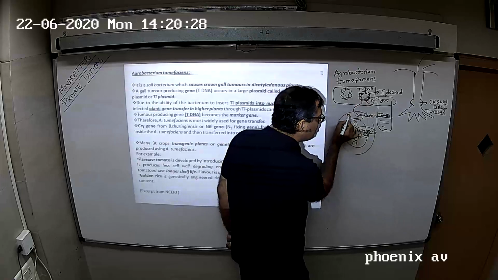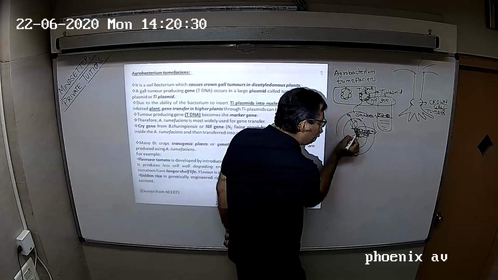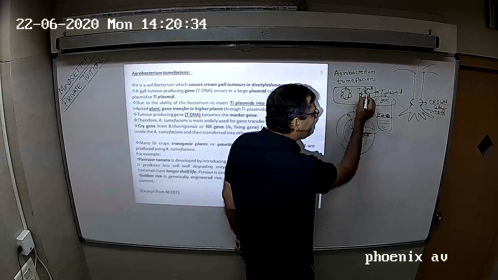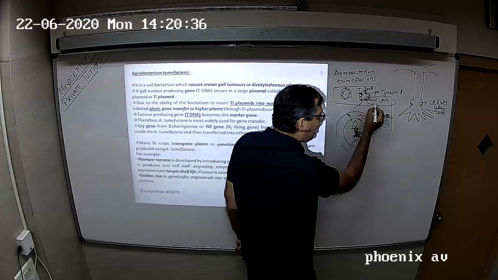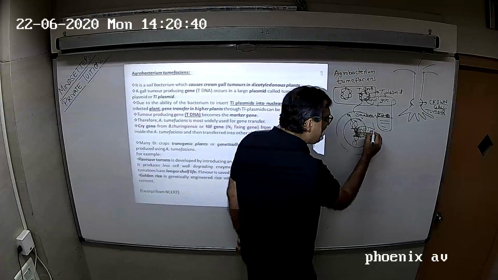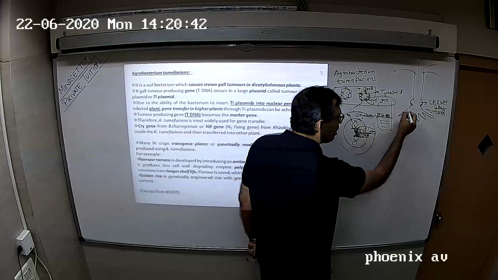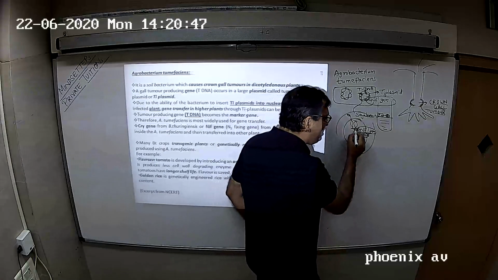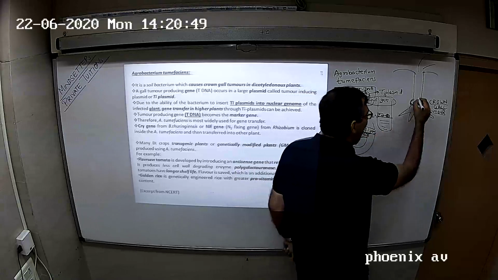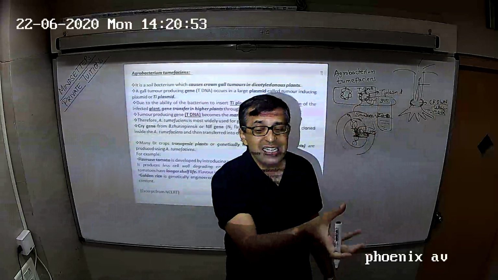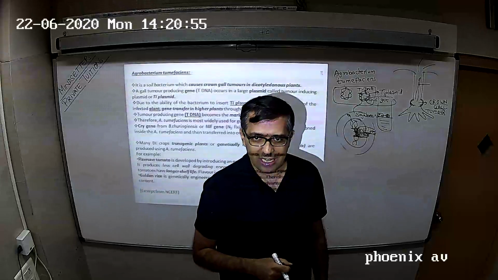It will introduce the Ti plasmid into the DNA. तो यहाँ tDNA आ गया और tDNA के साथ साथ ये कौन सा जीन आ गया? NIF gene. And tDNA will become a marker. It will produce crown gall tumor, but the NIF gene will help the soybean plant to do nitrogen fixation.